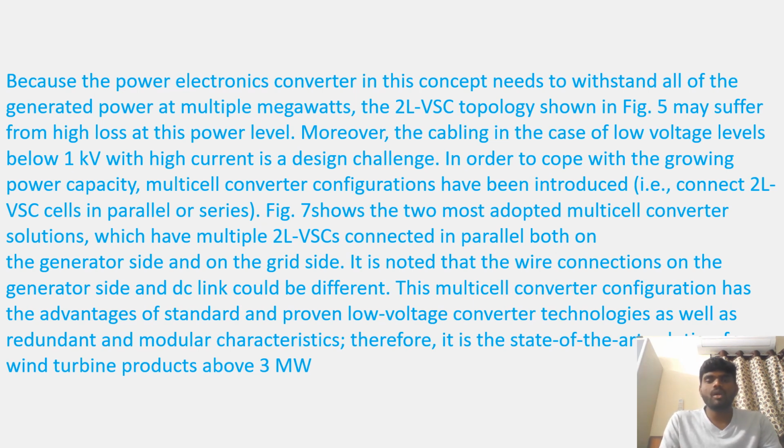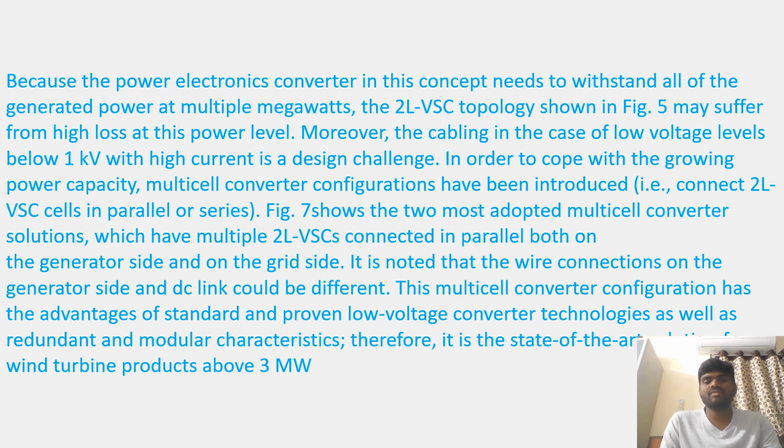In order to cope with the growing power capacity, a multi-cell converter configuration has been introduced. The most adopted multi-cell converter solutions have multiple 2L VSCs connected in parallel on both the generator side and the grid side, and the connections on the generator side and the DC links could be different.